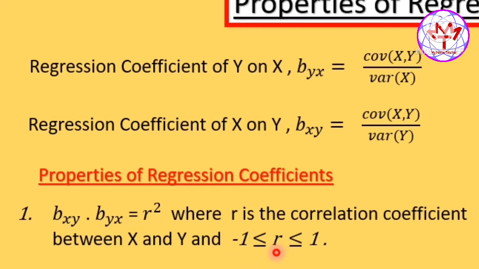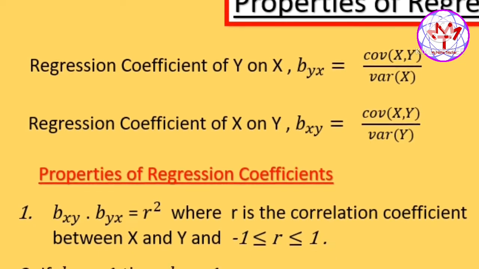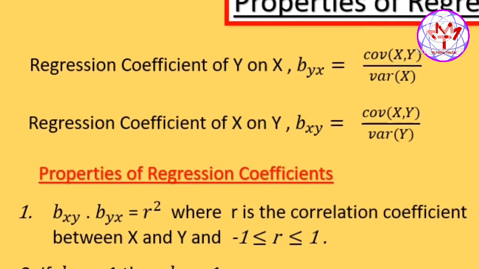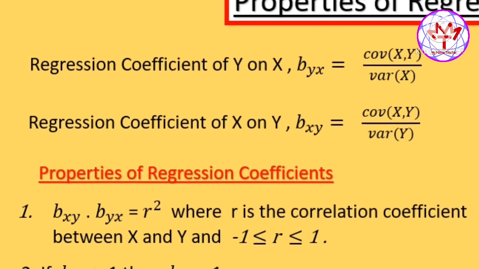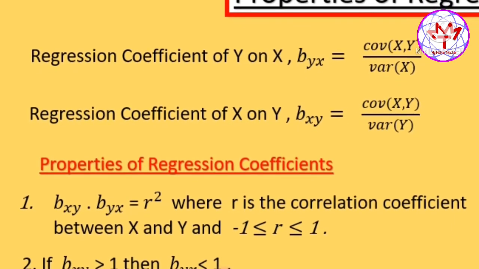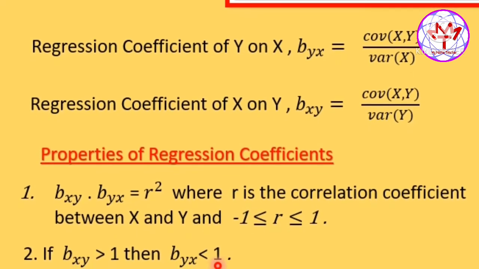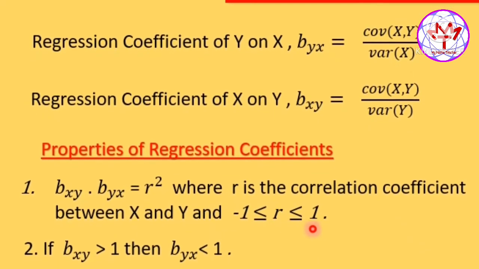And the value of r lies between -1 to 1. Then the second property is, if bxy is greater than 1, then byx will be less than 1. Remember this, of these two coefficients, one will be greater than 1 and another one will be less than 1, because we know that r has to be less than or equal to 1.